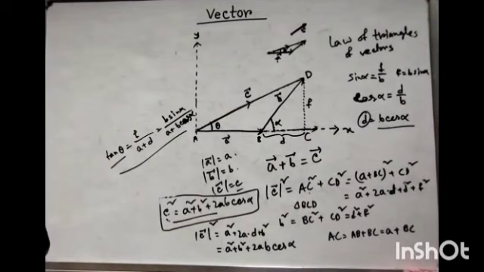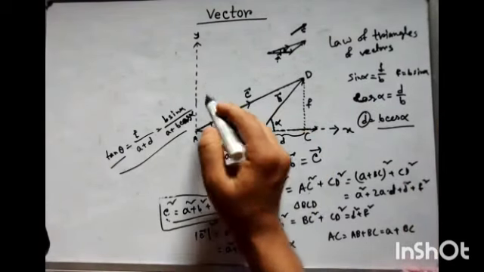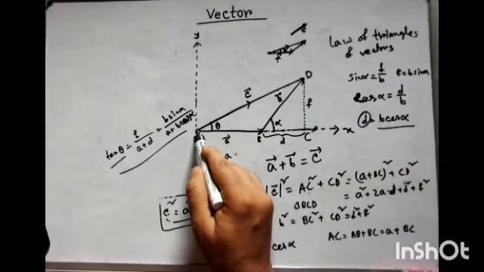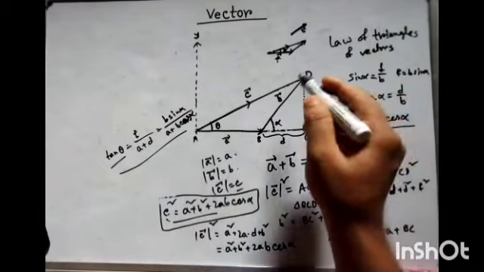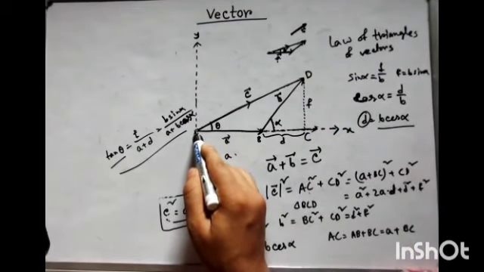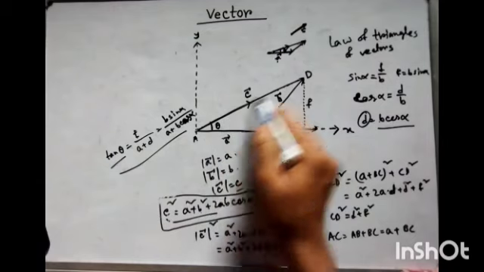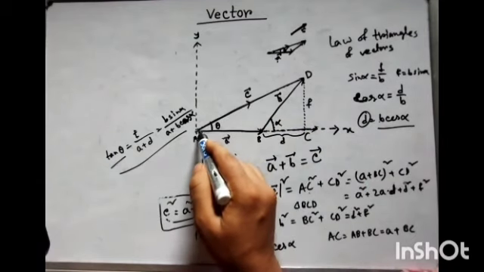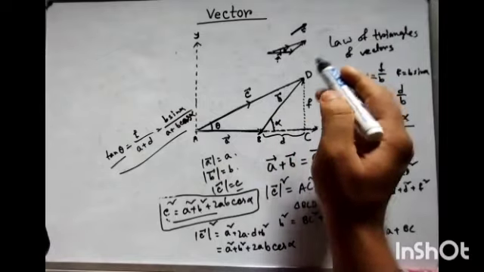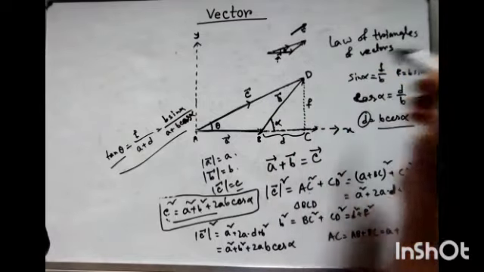So thank you. And one more thing, we'll see the law of parallelograms. The law of triangles and the law of parallelograms are quite similar. Like I found it from the triangle, if you give me these two vectors a and b, I can also find it from the law of parallelogram.